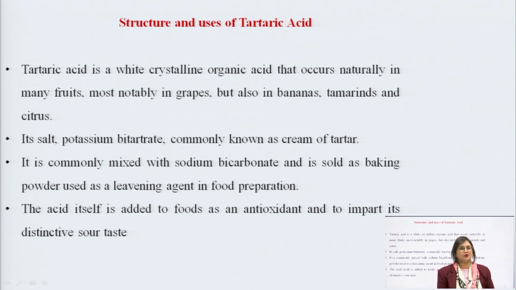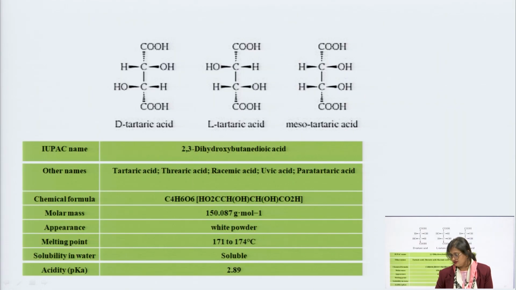It is mixed with sodium bicarbonate and sold as baking powder or used as a leavening agent in food preparation. The acid itself is added to food as an antioxidant and to impart its distinctive sour taste.